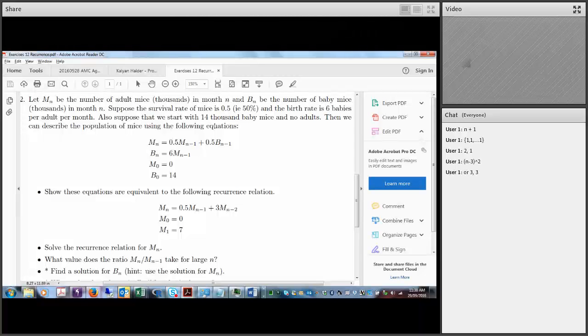Okay, so I just want to do one more example. It's a lot of words here, but just write it out. Basically, this sort of stuff is good for modeling populations.